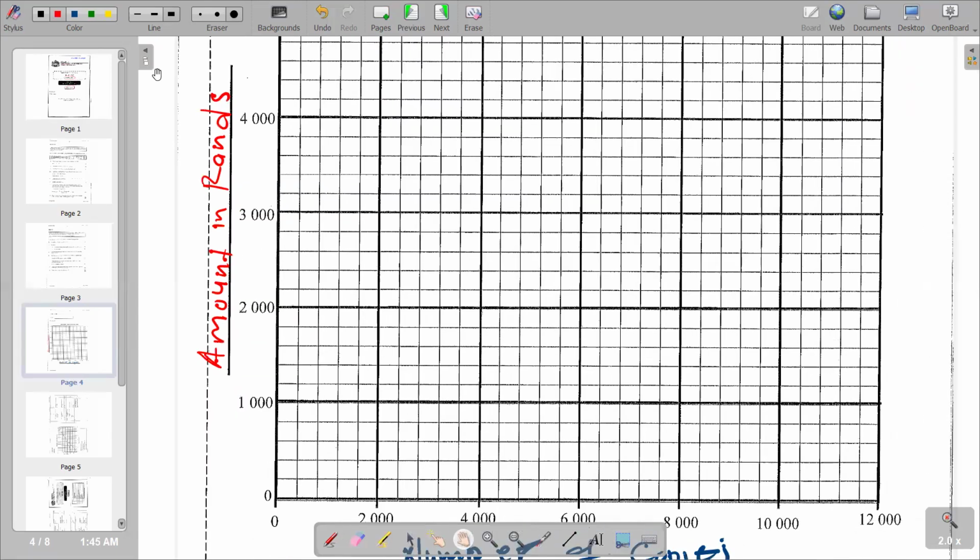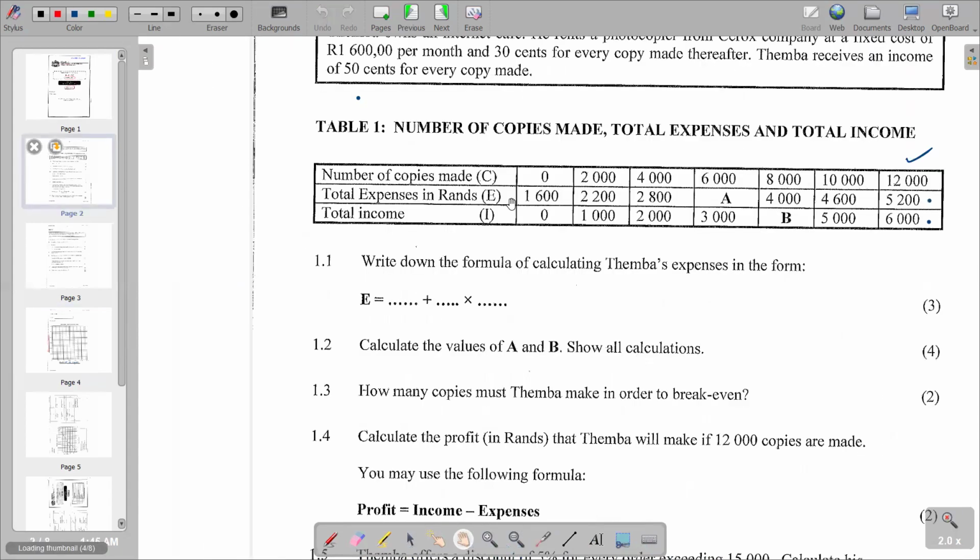According to the information that we are given in the question, we can start with the graph for expenses. The first point that we have is 0 for number of copies and 1,600 for expenses.